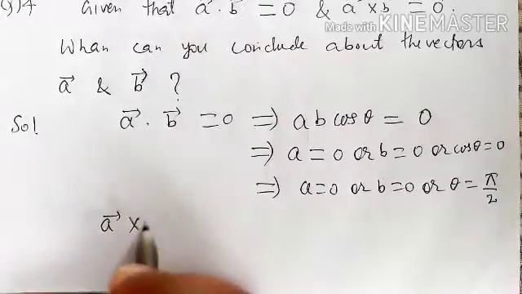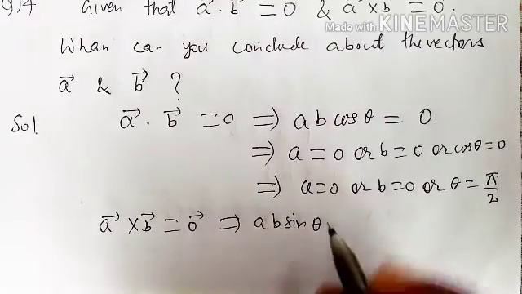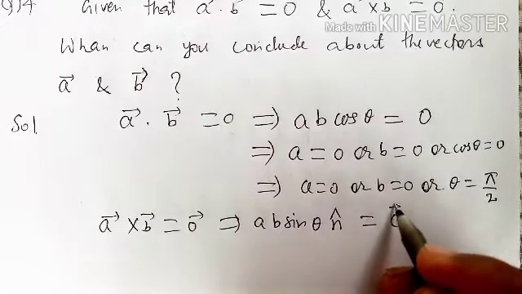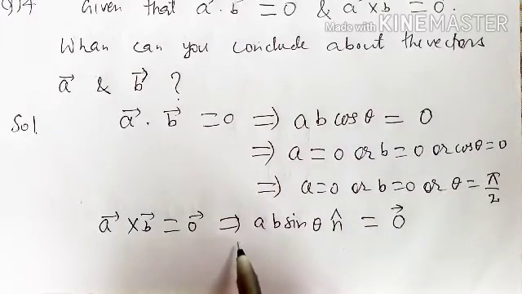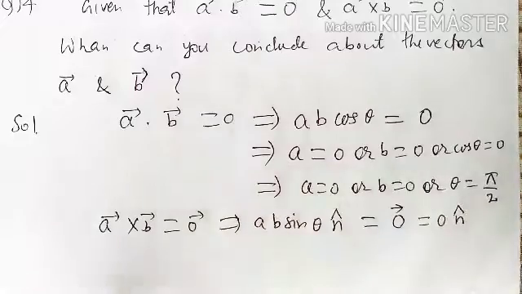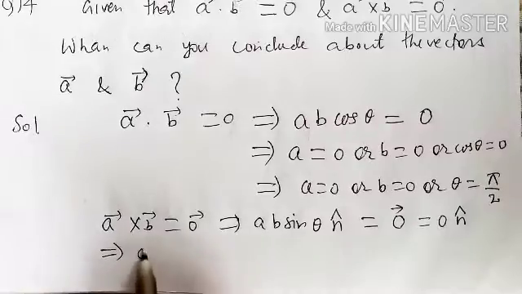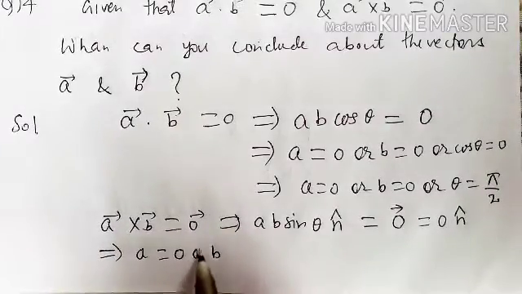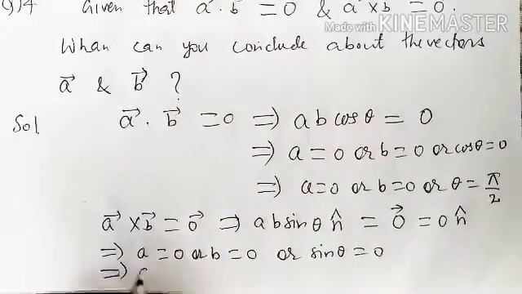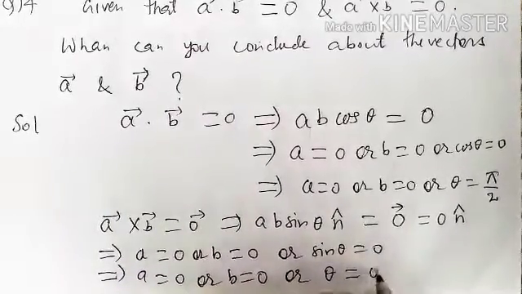Vector A cross vector B is equal to 0 vector. This implies that AB sin theta n cap is equal to 0 vector. So we can write it as 0 into n cap. Then we have A is equal to 0, B is equal to 0, or sin theta is equal to 0. This implies that A is equal to 0 or B is equal to 0 or theta is equal to 0.